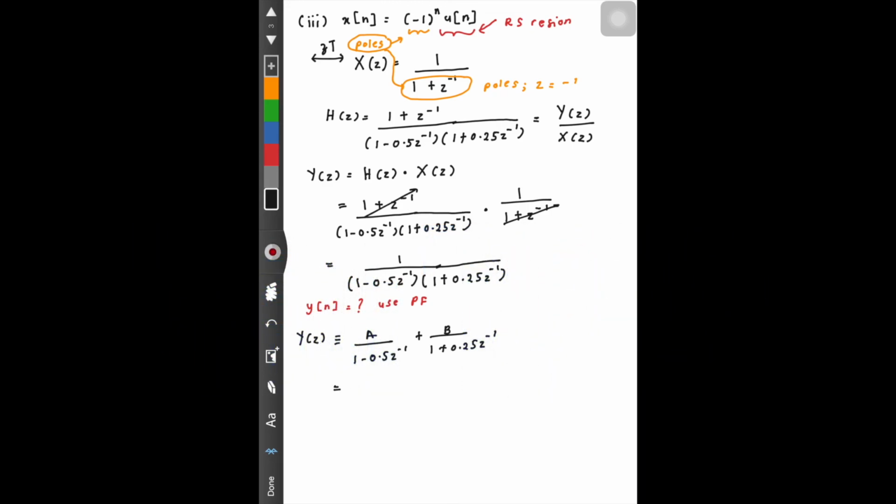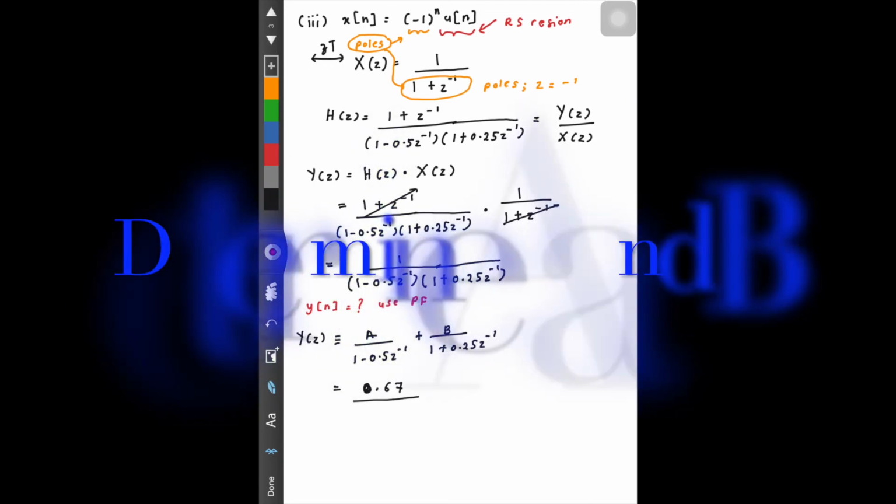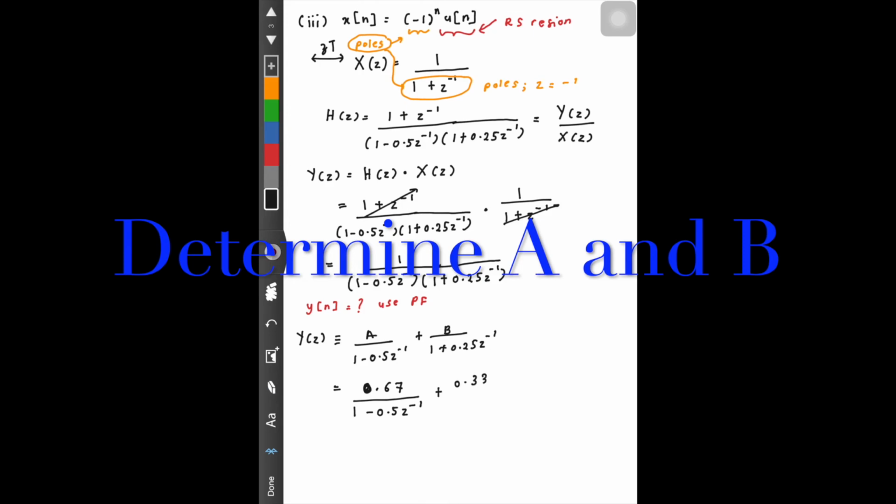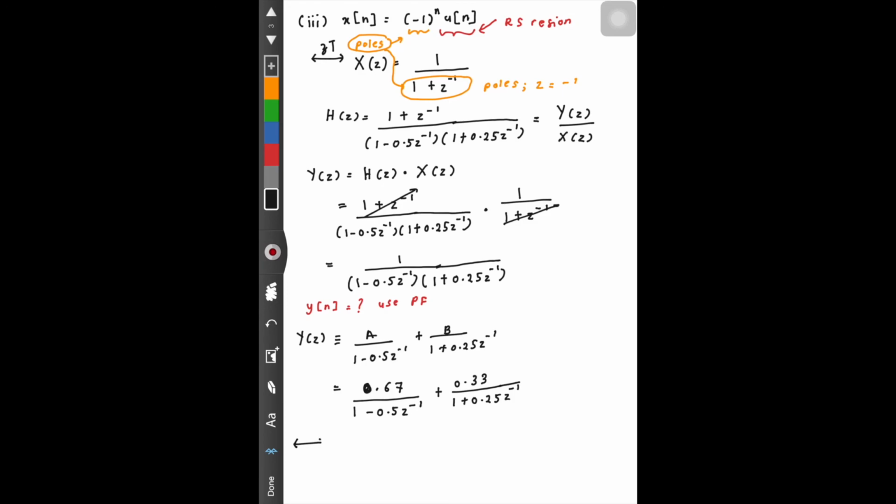You have to find A and B, and from here you can determine your y[n].